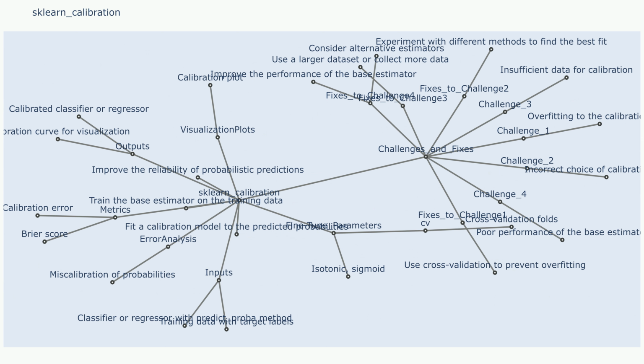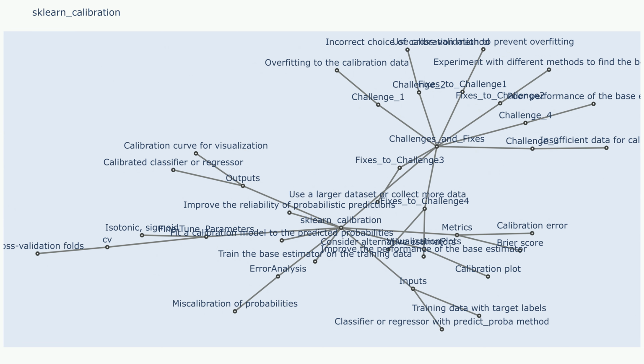Step 2. Explain in detail. The calibration step adjusts these predictions based on the observed outcomes in the calibration dataset. This adjustment can be achieved using various techniques, including Platt scaling, which fits a sigmoid function to the original model's predictions, mapping them to calibrated probabilities.